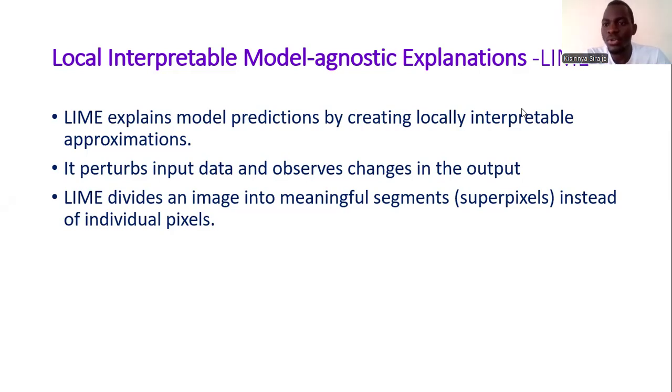That is, when you input data into the LIME architecture, since I'm using image data, it's going to use this image and segment it into superpixels. And the superpixels are small coherent image regions. Instead of using individual image pixels, it uses the superpixels, the small coherent image regions.